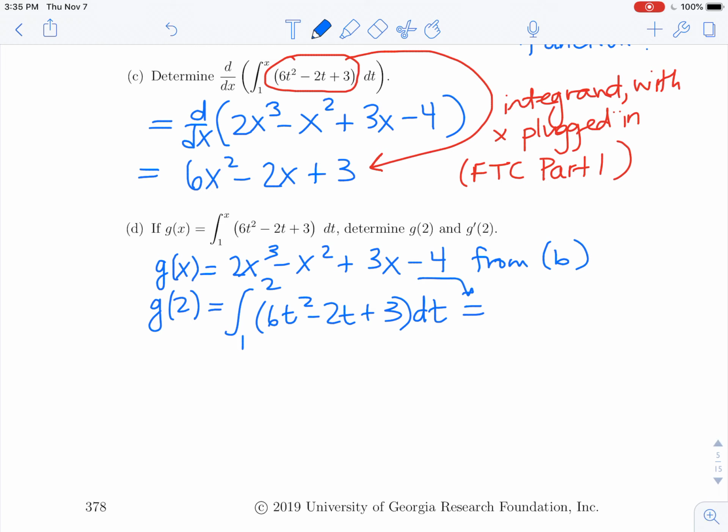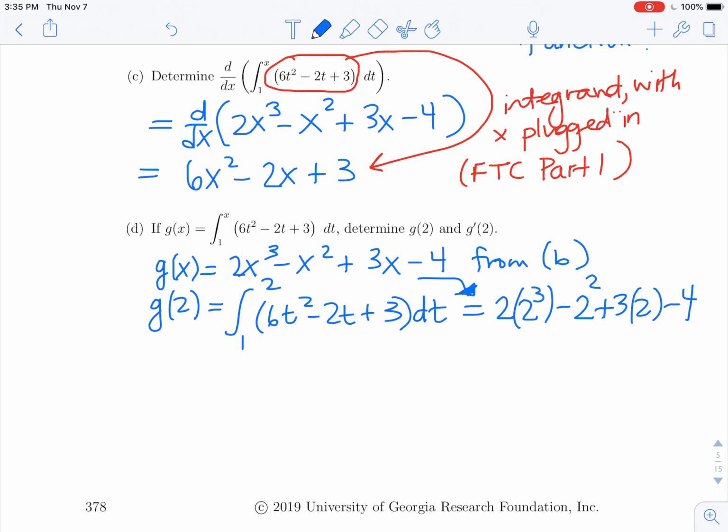Or we could use what we got in part B and do 2 times 2 cubed minus 2 squared plus 3 times 2 minus 4. And so it's much easier to use what we got in part B because we don't have to do any more integrating because we already did it in part B.